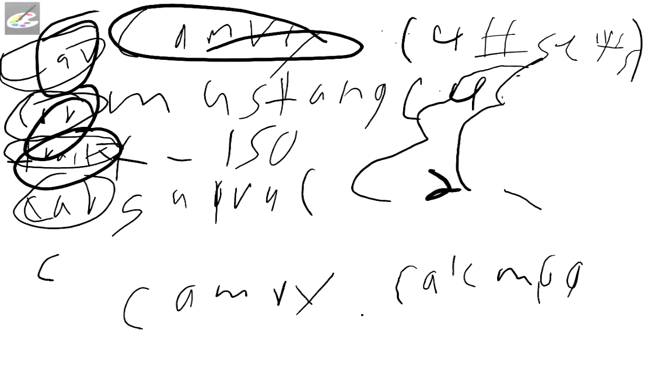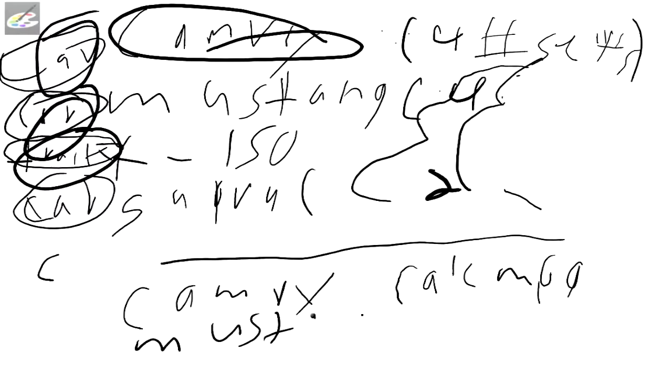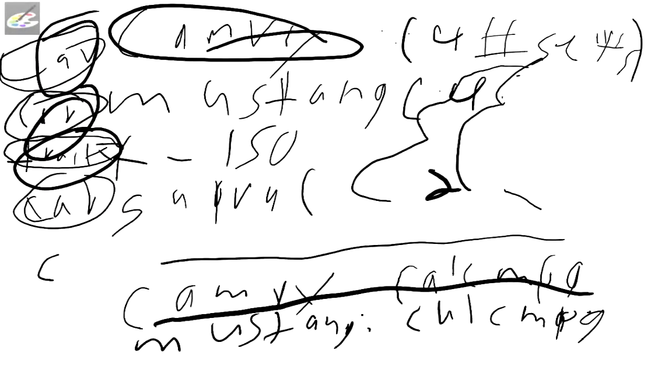This would return a different result than if you did Mustang.calcMPG. This would give us a different value than this one here. So that's why we have different data structures and different names, so that we could store different values inside, but they're the same exact set.